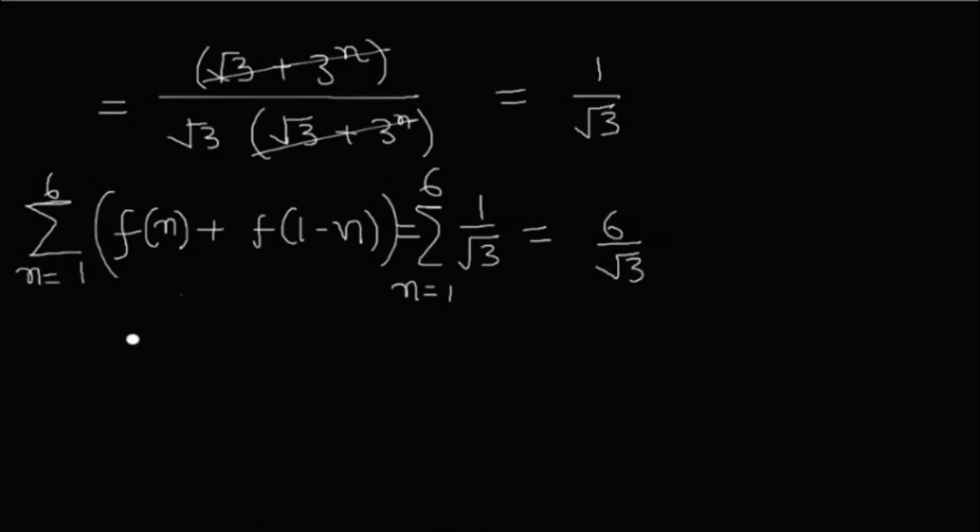And what is this? This is if you put n equals 1. It's all an intrinsic property of the way I have chosen this whole function, f of n plus f of 1 minus n.